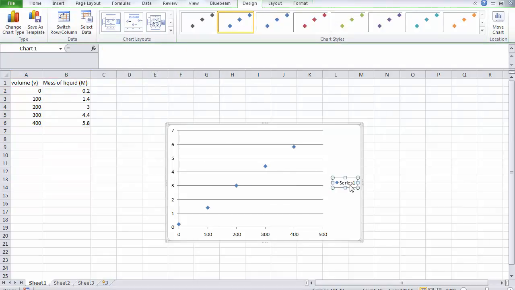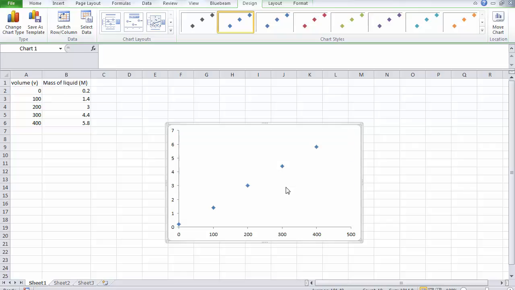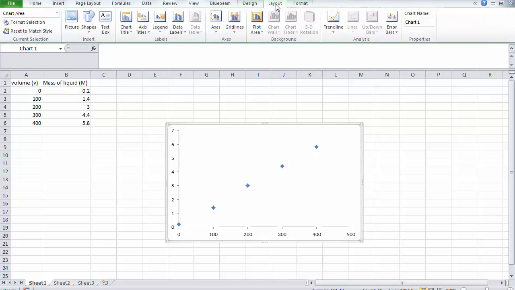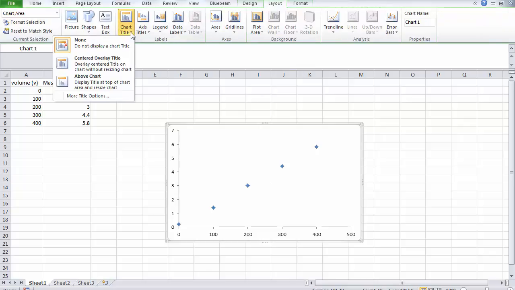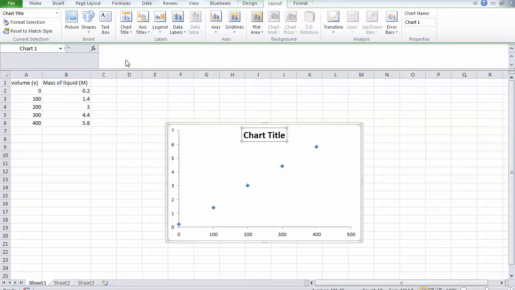Okay, so just get rid of this, make it nice and clean. Get rid of that. Now, you know, computers do a lot of nice things for you, but you have to be smart enough to know what the data means and how to make the graph nice. Okay, so of course what we need is a chart title, centered, sure, and this would be Y variable versus the X variable.